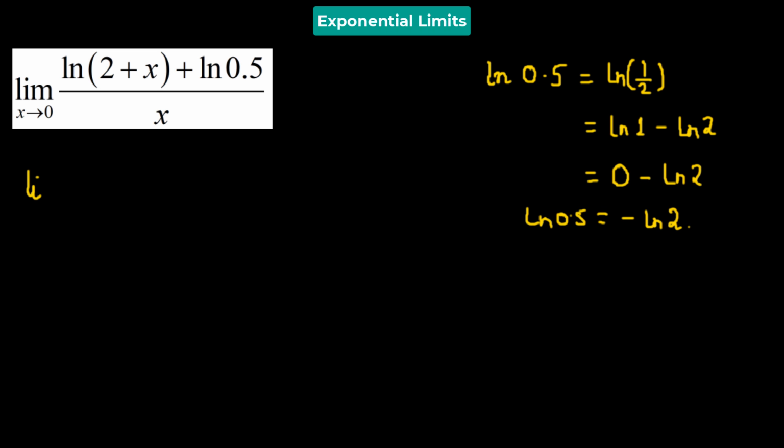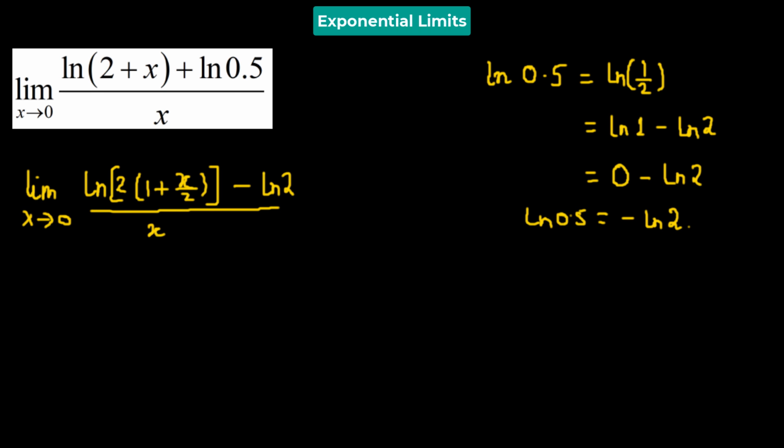And for the first term in the numerator, we'll take 2 as the common factor. So that leaves us with 1 plus x over 2. So we have the second term, so that will be negative log 2, whole divided by x. So we have limit x approaching 0. Now we have the product of 2 and 1 plus x over 2.